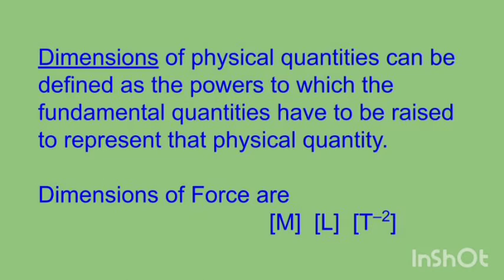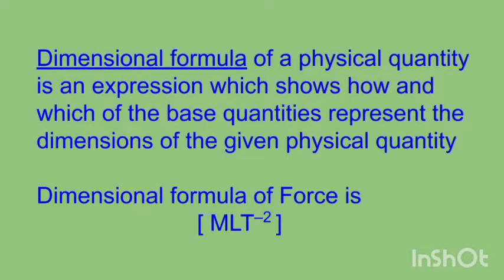Here force is expressed in terms of mass, length and time, and their powers are 1, 1 and minus 2 respectively. To express a physical quantity, we use the dimensional formula.